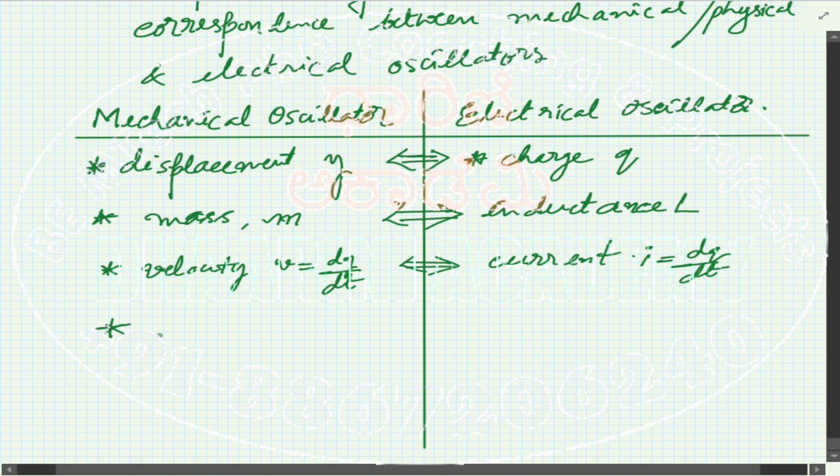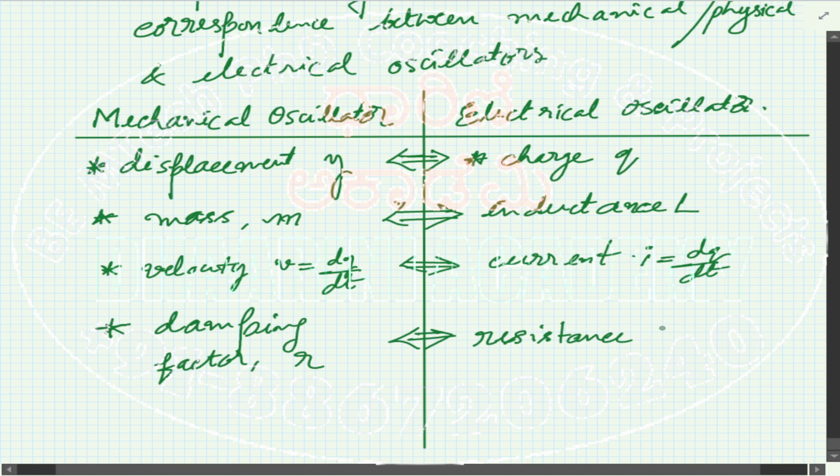Then we have what is called a damping factor, denoted by small letter r. This is equivalent to the resistance, which is denoted by capital R in those equations.